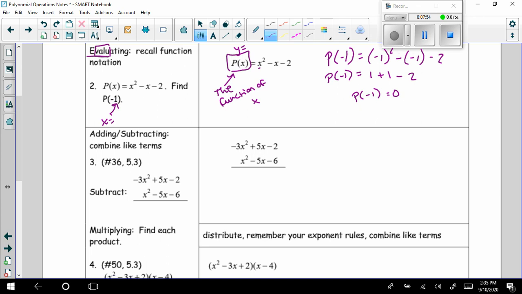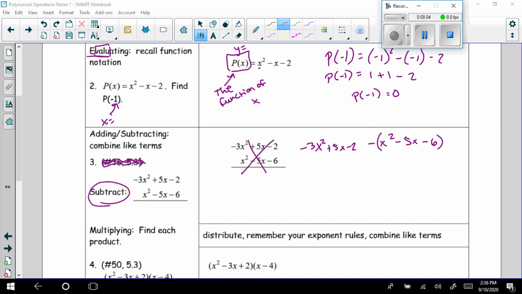Okay, using your rules of exponents and what you may or may not remember about Algebra 2, I want you to go ahead and try this one. Okay, so I just kind of flipped it to horizontal. You don't have to, but I just wanted you to see that it could be written either way.